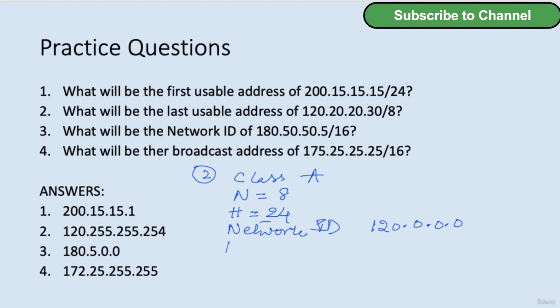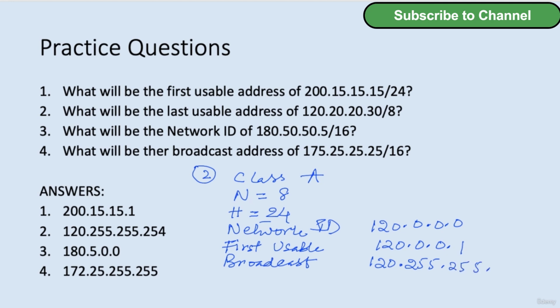Okay, so the first usable is always the next of the network ID. Okay, so for the broadcast, in this case we convert the host octets into 255. The last three octets are the host octets, so I convert all of them into 255.